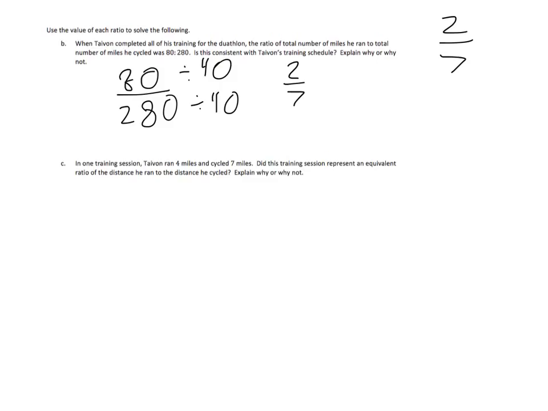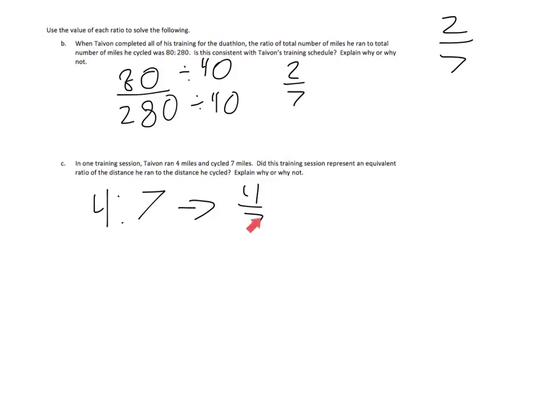Let's again take what we have, turn it into a ratio, and find its value. If those values are the same, it will be consistent. If those values are not the same, it won't be consistent. So we have 4 running to 7 cycling, a ratio of 4 to 7. The value of that ratio is 4/7 because it's the quotient of those two values. We can't reduce 4/7 at all.